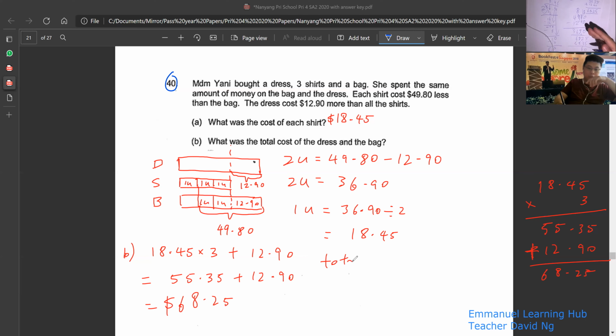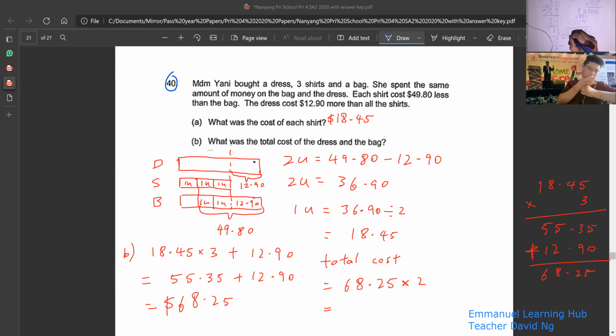So total cost will be 68.25... $123.60. Wrong.